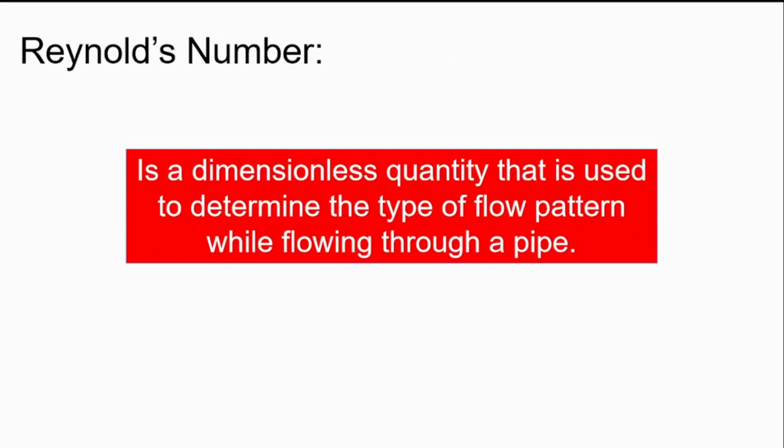Reynolds number is a dimensionless quantity that is used to determine the type of flow pattern while flowing through a pipe.